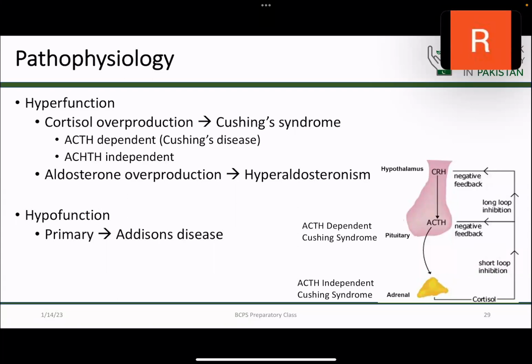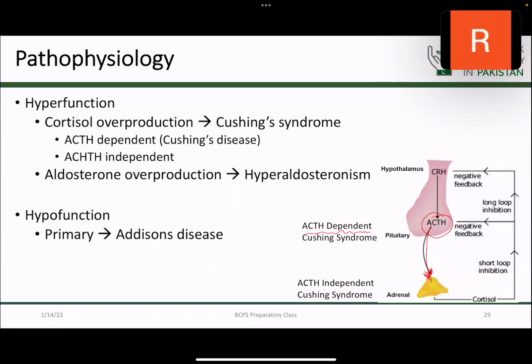So keep in mind this. So what does it mean? Adrenocorticotropic hormone dependent means that the problem is in the secretion of adrenocorticotropic hormone. So there is too much secretion of adrenocorticotropic hormone from the pituitary, and that hormone is stimulating the adrenal gland to overproduce cortisol. So this is actually called Cushing disease.